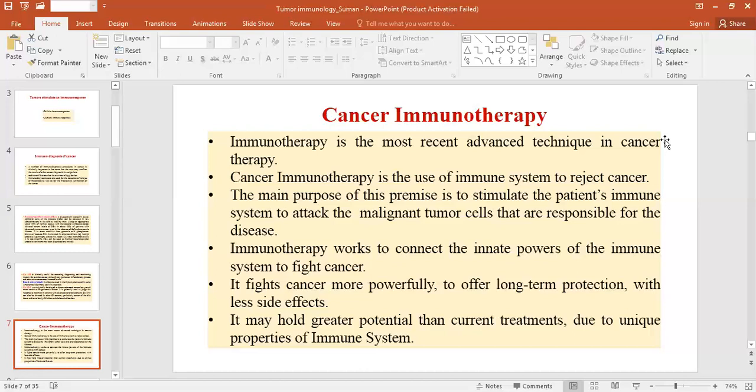Cancer immunotherapy is a type of cancer treatment which aims to induce natural defenses to fight cancer. It involves the use of various substances including small molecule drugs, cytokines, monoclonal antibodies, as well as immune cells which trigger and enhance or restore the body's own anti-tumor immune response.